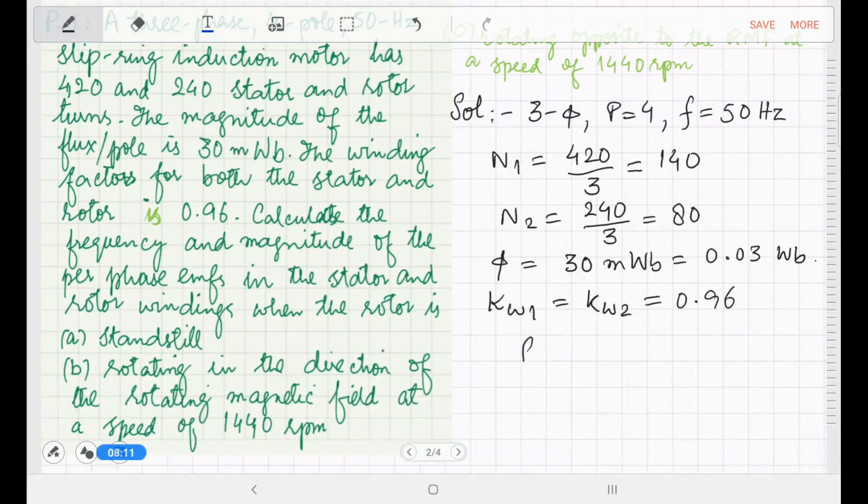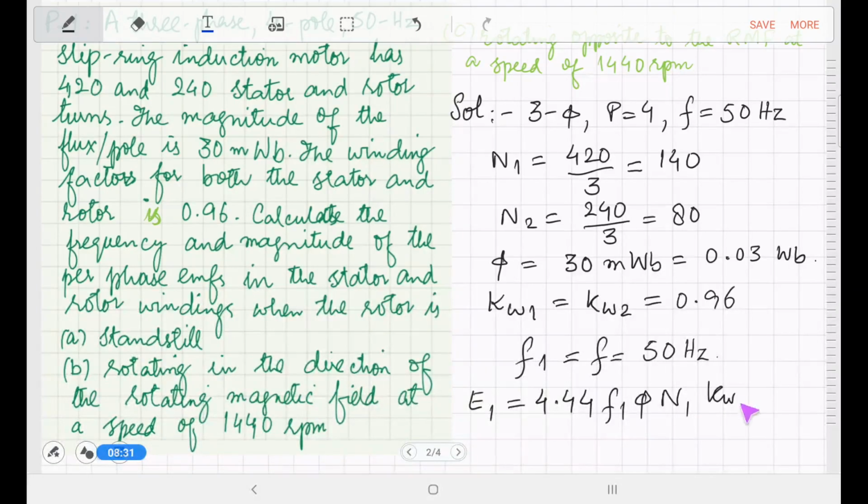First, the frequency F1 will be equal to F, which will be equal to 50 Hz. And E1, the EMF induced per phase, will be given by 4.44 F1 phi N1 Kw1.